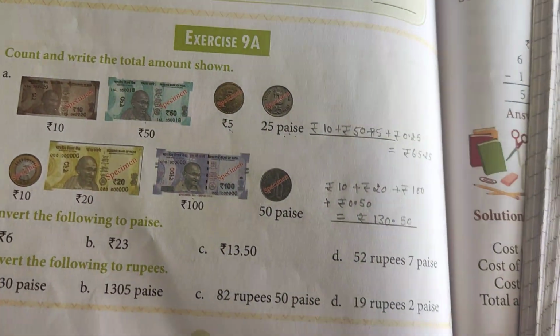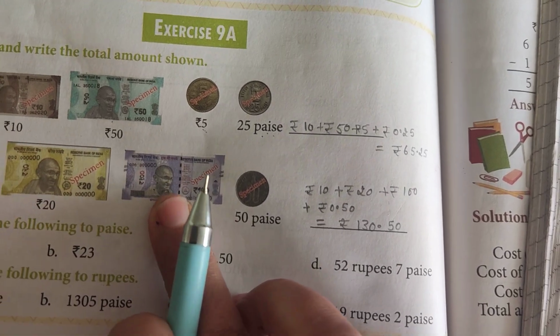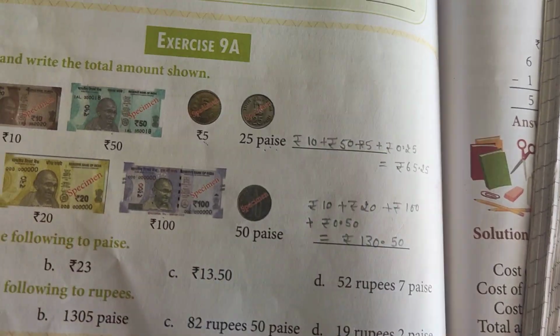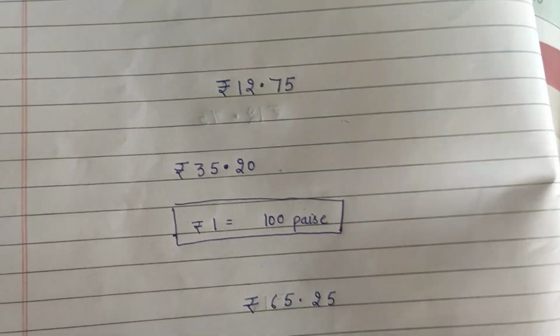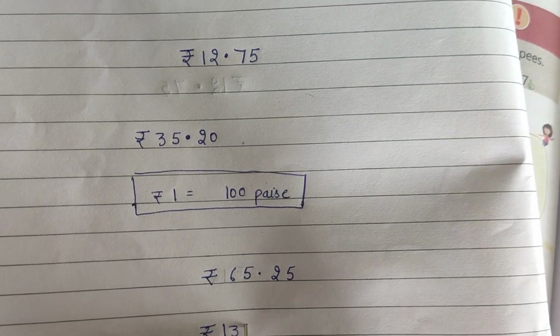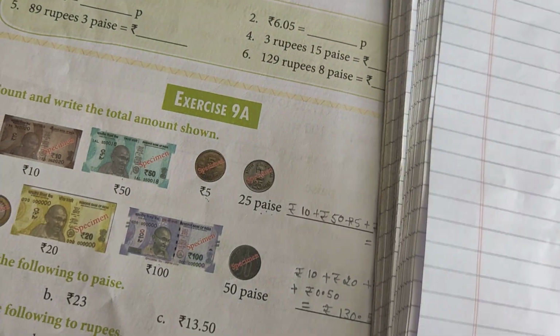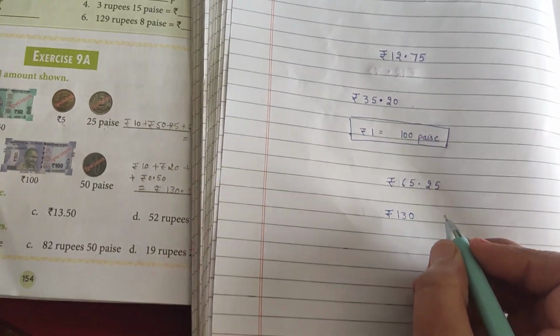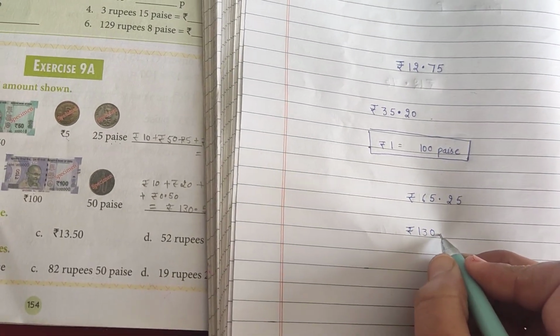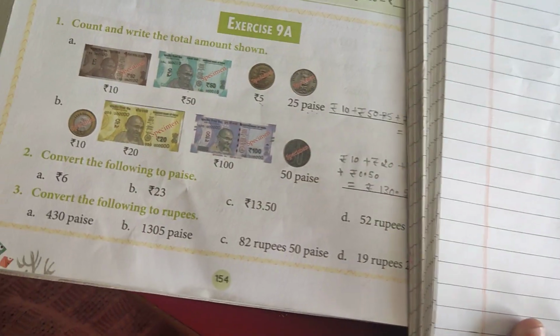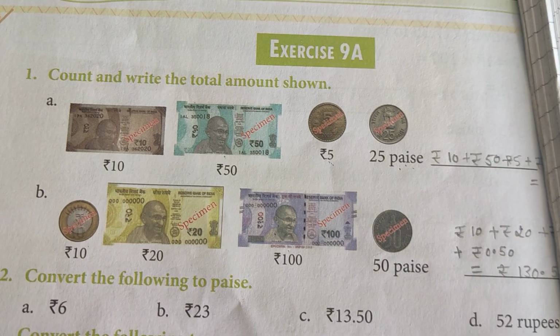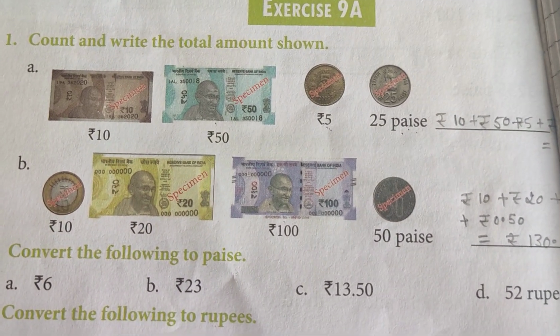Now I am having rupees 130 and 50 paise. Then how will we write? Rupees 130, then we separate rupees and paisa with a dot, then I write 50 paisa. In this way we will add different types of notes and coins.